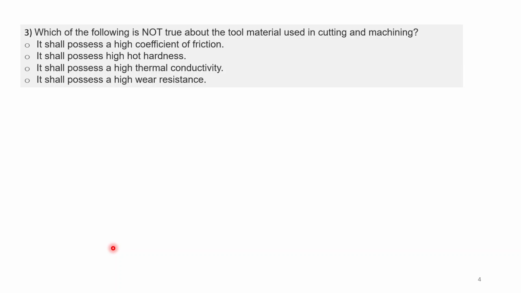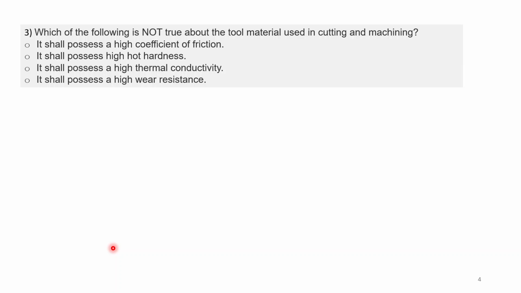Next question is: which of the following is not true about the tool material used in cutting and machining? Your options are: it shall possess a high coefficient of friction, it shall possess high hot hardness, it shall possess a high thermal conductivity, or it shall possess a high wear resistance.